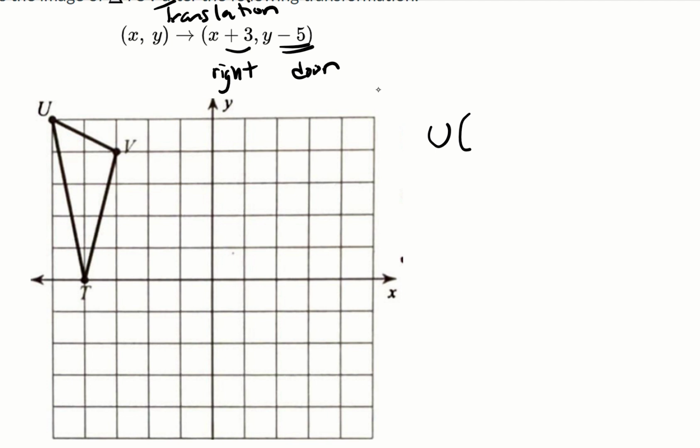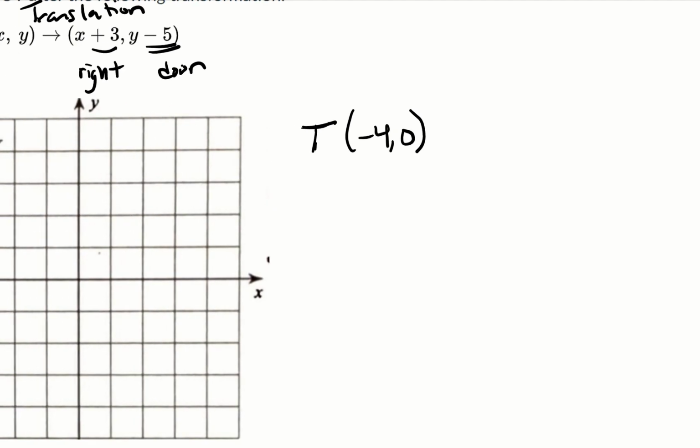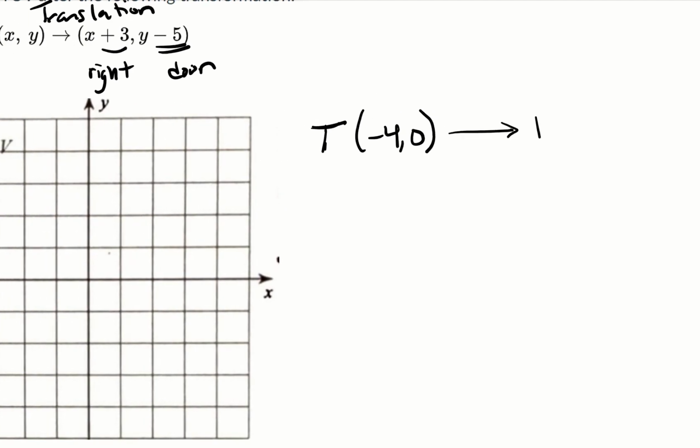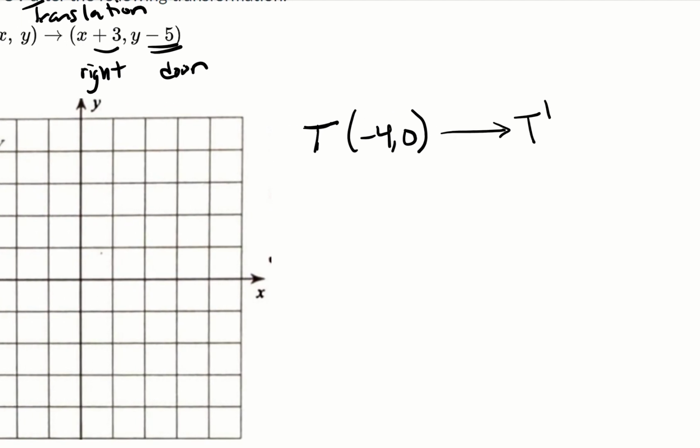Let's start with T, TUV. So T is negative 4, 0. And then we're going to transform that using that rule. So it becomes T prime. Basically you're going to do negative 4 plus 3, and we'll do it down here so we can show you the work.